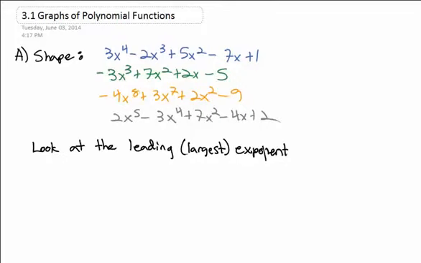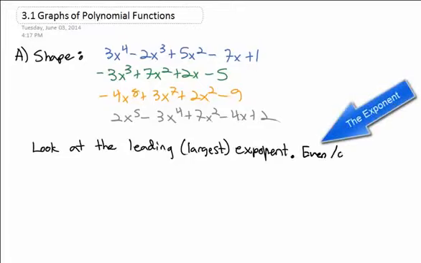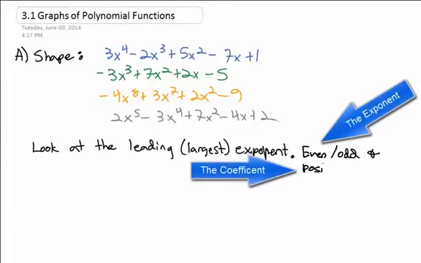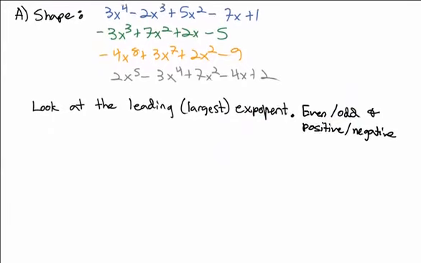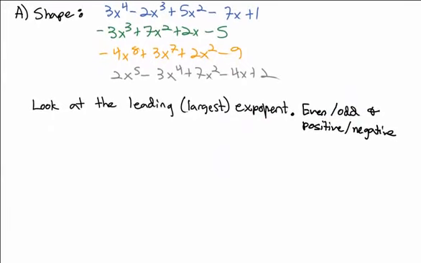Leading, we call it leading because it usually comes first. The leading exponent, the largest exponent, and we want to know, is it even or odd, and if it's positive or negative. And based on that fact, it's going to take one of 4 different basic shapes.